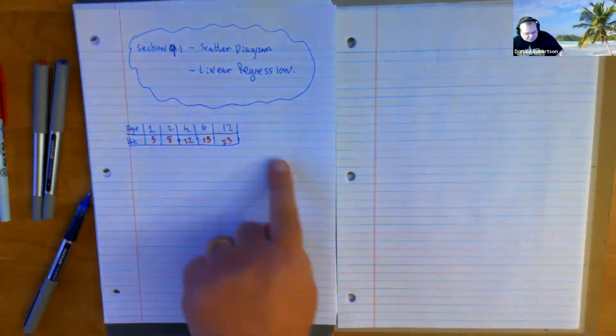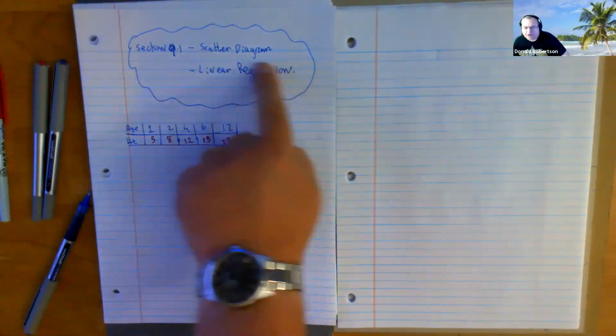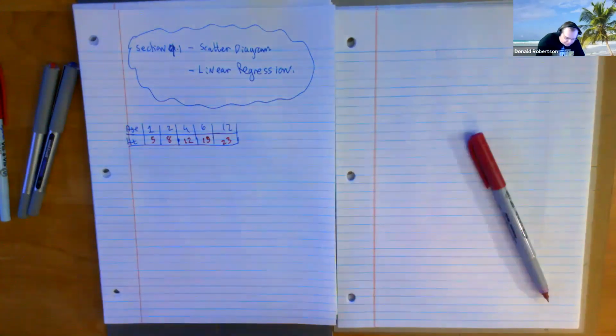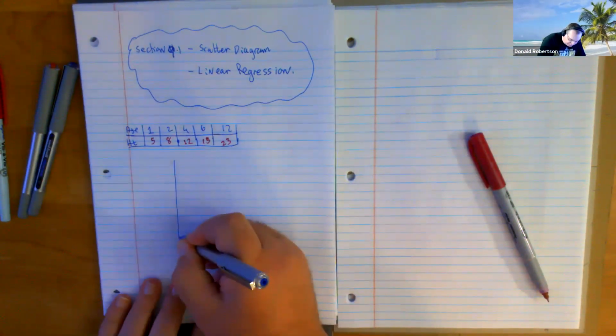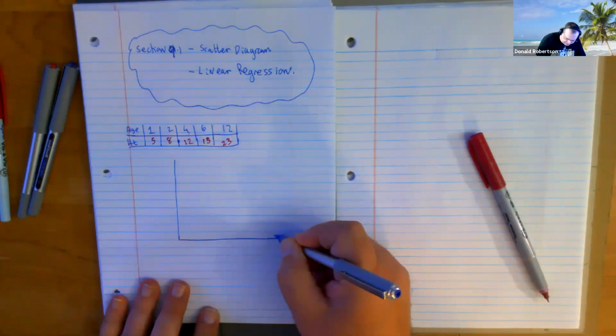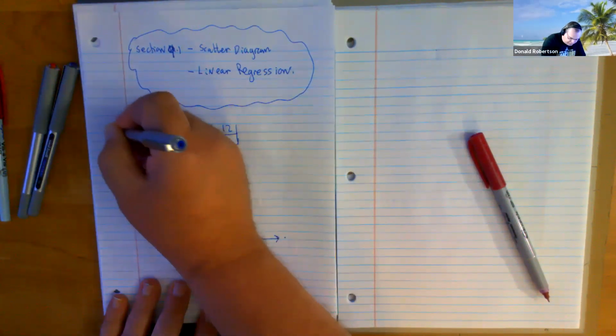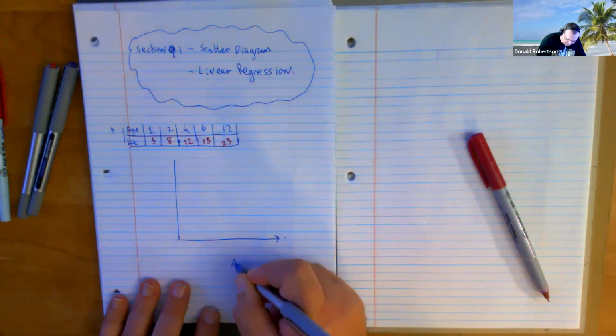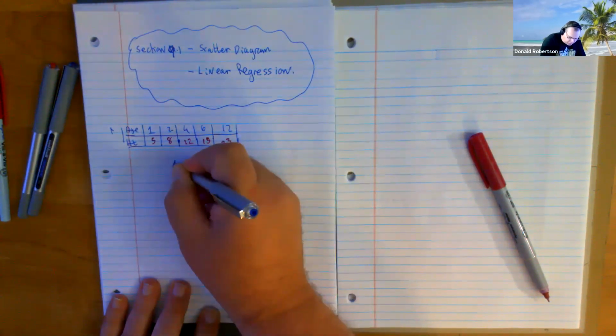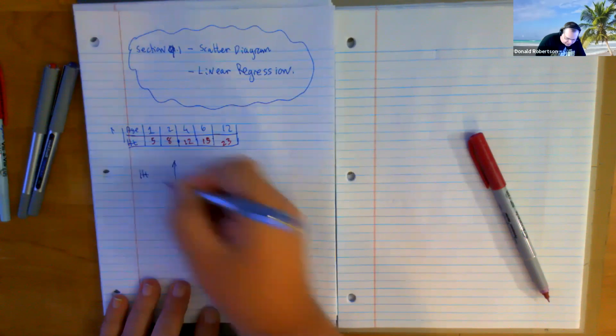Now, from this table, we're going to create what's called a scatter diagram. You've got to just imagine that I'm doing this really neatly, on square paper. The x-axis is basically going to be the age of the animal, and the y-axis is going to be the height of that animal.